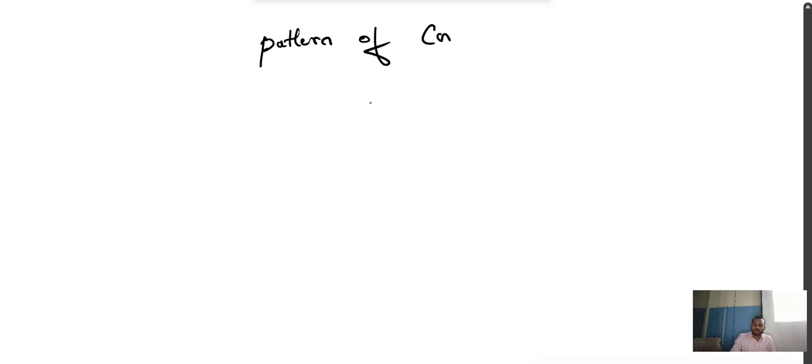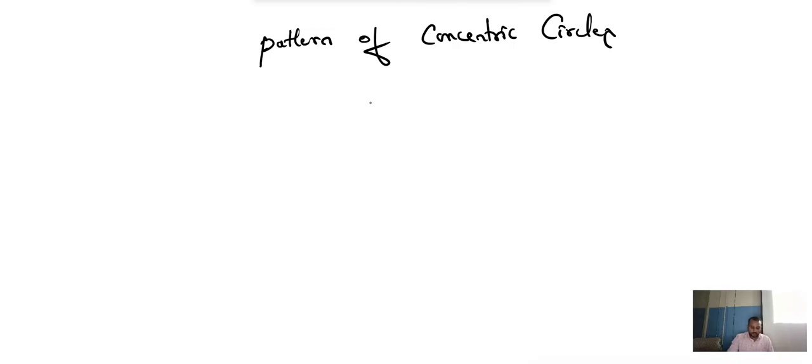Yeah. Next diagram. A pattern of concentric circles indicating the field lines of a magnetic field around a straight conducting wire.